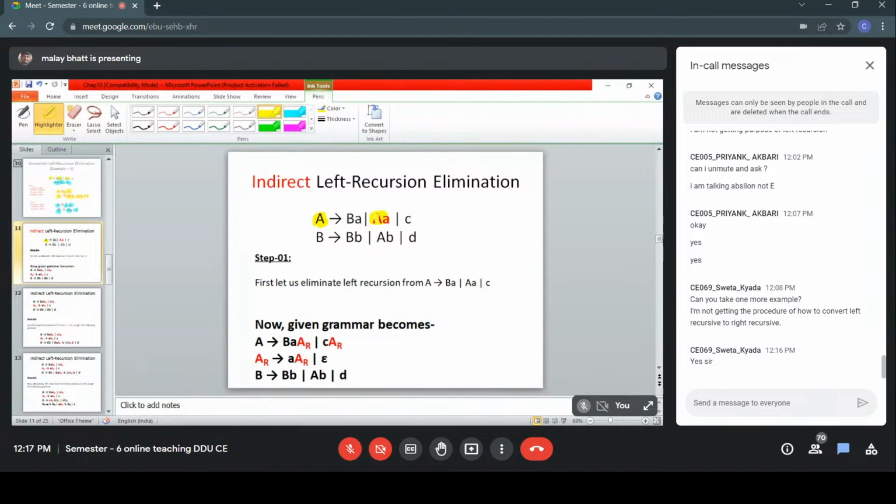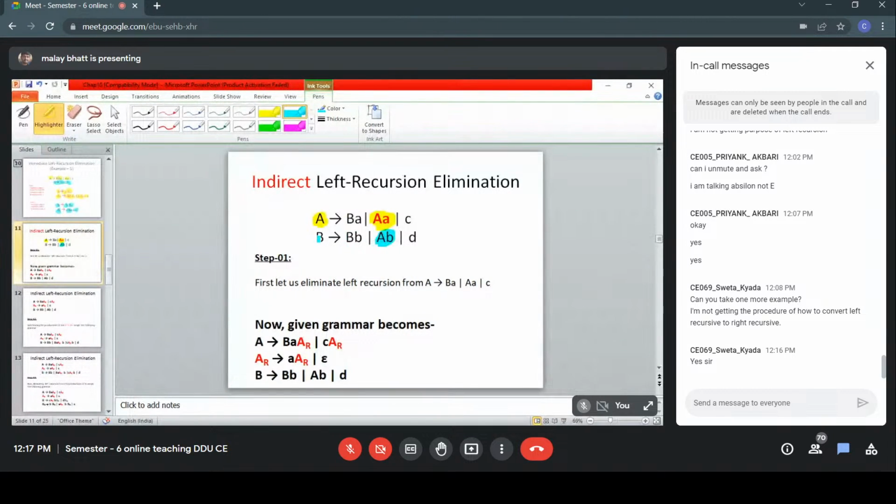A to A, there is a direct left recursion. Now, if I replace this B in the first rule, right? If I replace B into the first rule, then again I will get A. You can see that B will give me capital AB, right? You can see here.